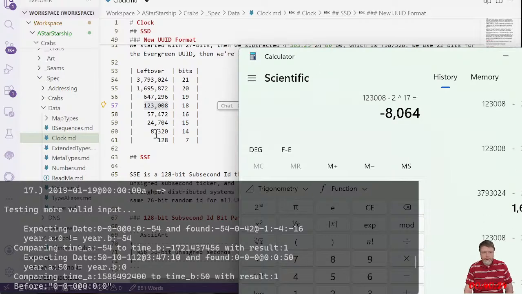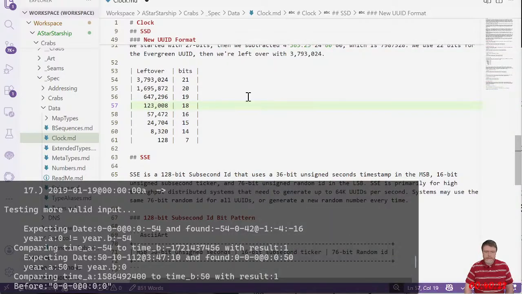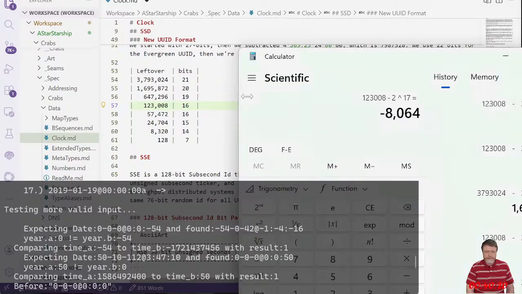That's negative? Huh. Okay. So this one's 16, minus 2 to the 16th, minus 2 to the 15th? Two to the 15th. That was not right. Yeah, this couldn't be that.